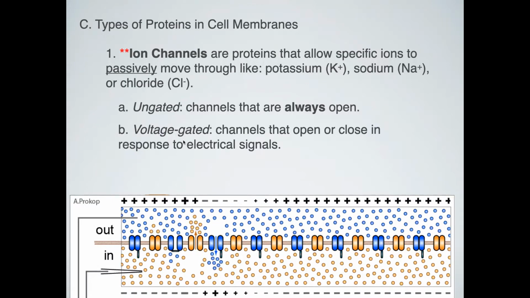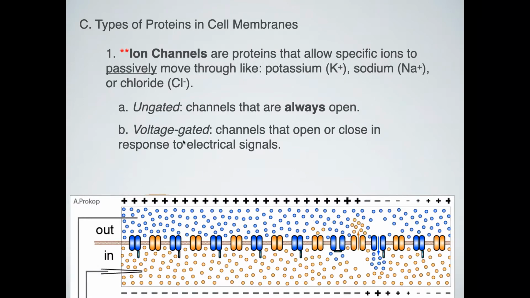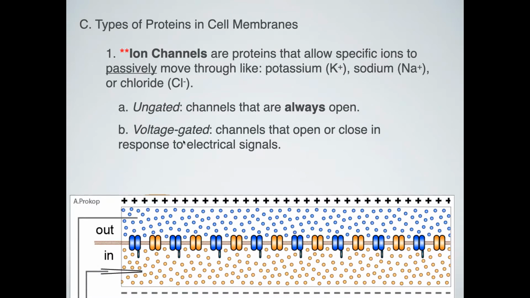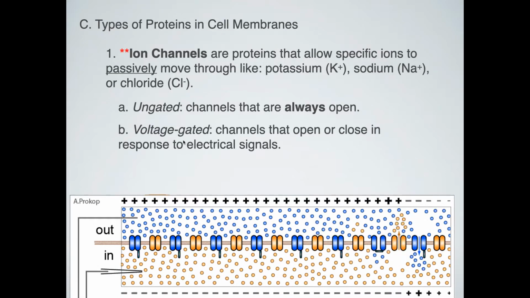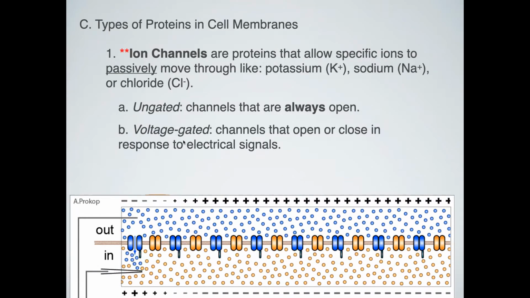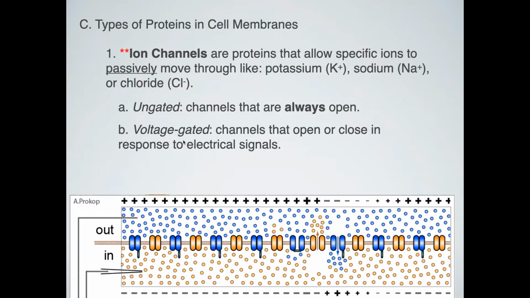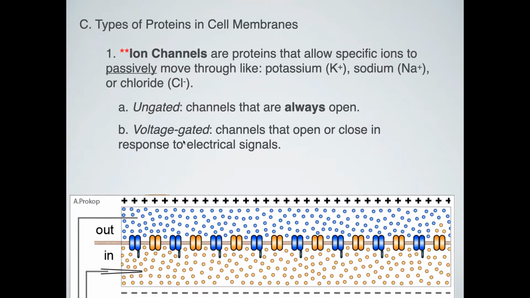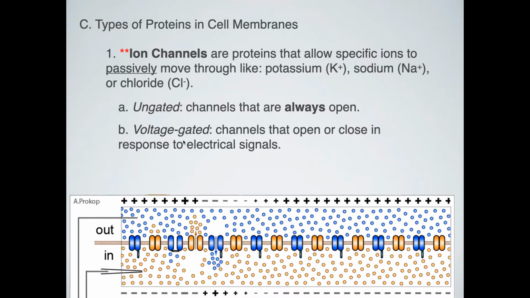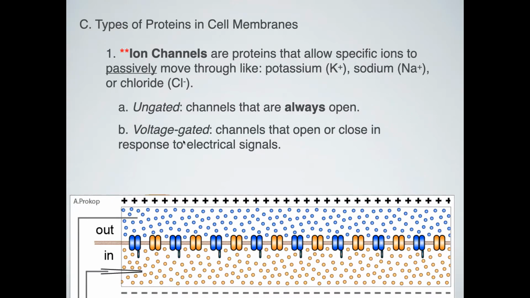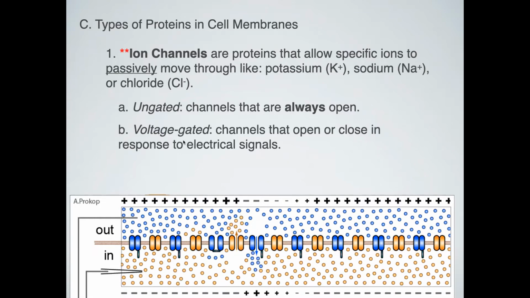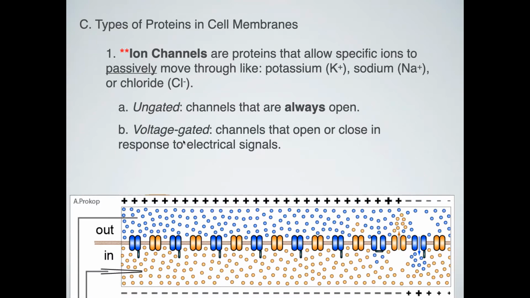But when the electrical signal stimulates the ion channel to open, you can see them opening from left to right. All of these little blue protein channels are opening, and all the little yellow ones are opening in sequence as the signal gets transferred through.